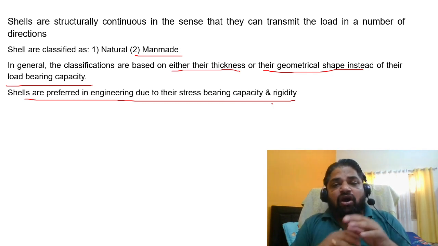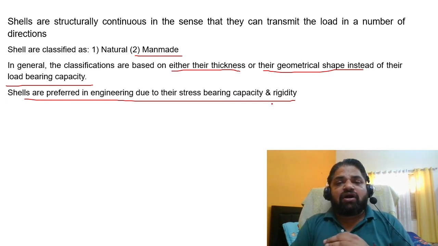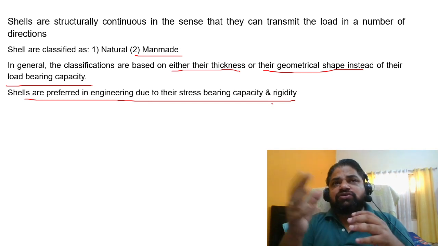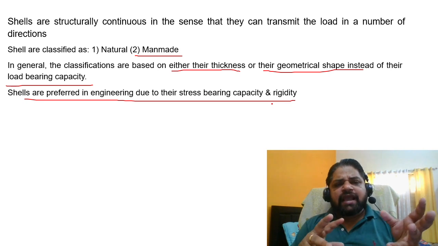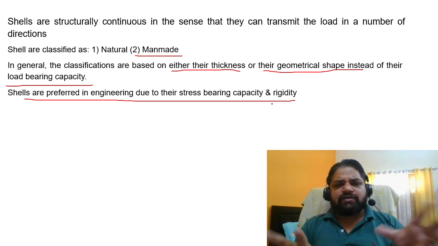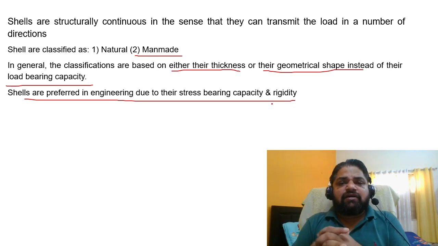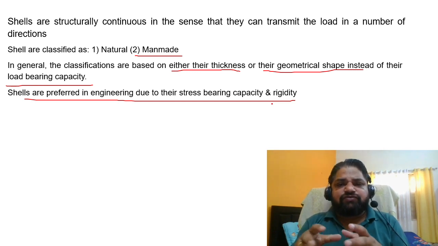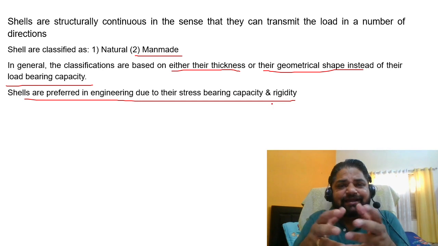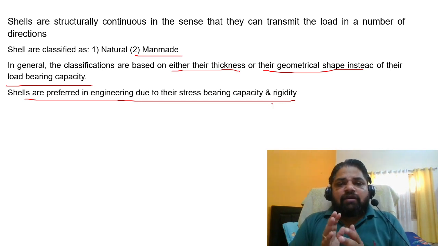Similarly, you can see most of the old buildings, or early buildings, when there was no concept of beams and columns beforehand, what else the structures were made of. Either you go to any religious place, whether a temple or a mosque or a church, their structures are looking like this closed kind of shape.